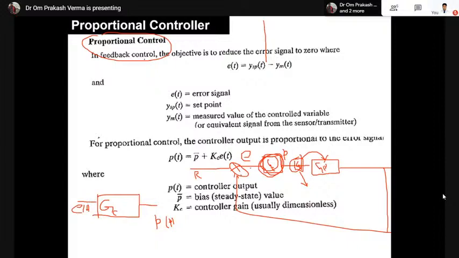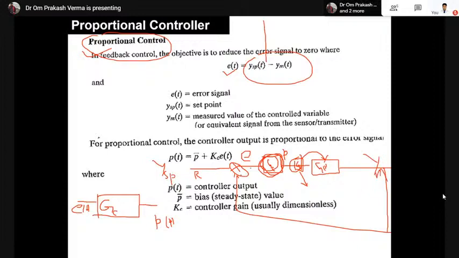As the name suggests, for the proportional controller, the error is changing. What is the error? Error is nothing but the set point minus the measured value.